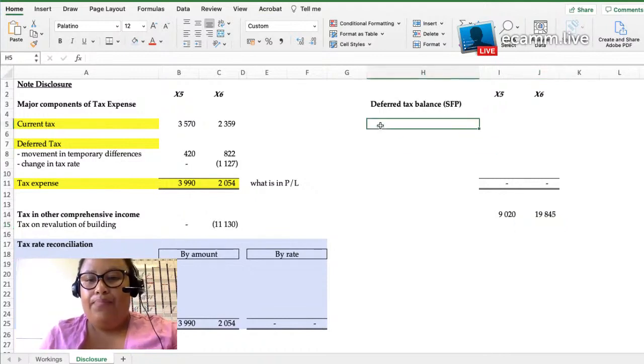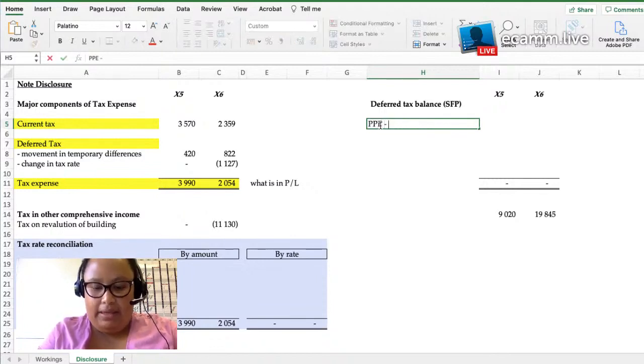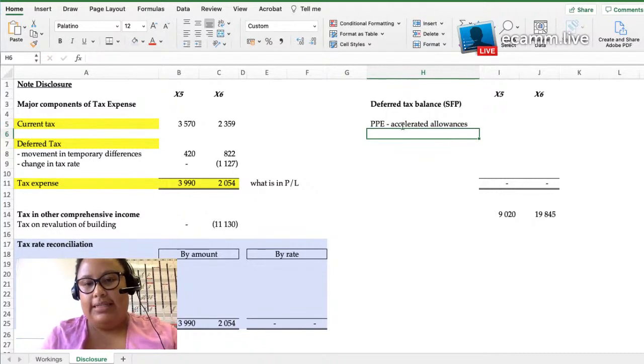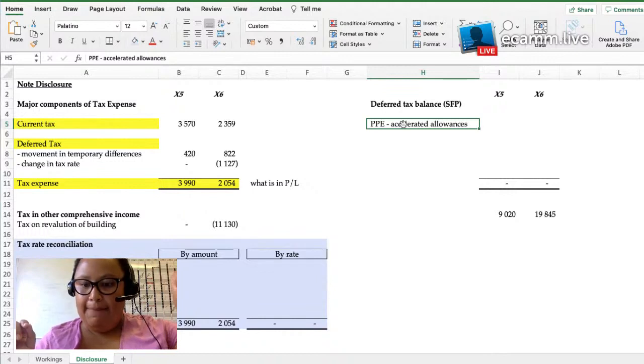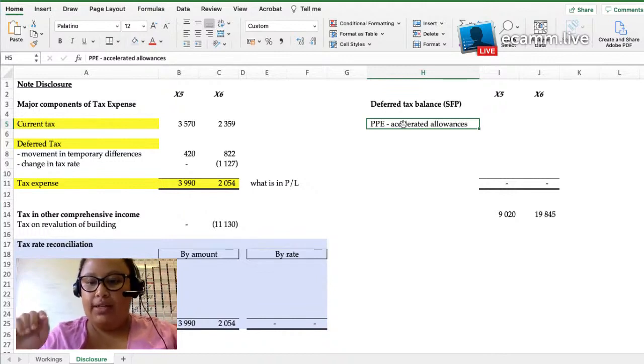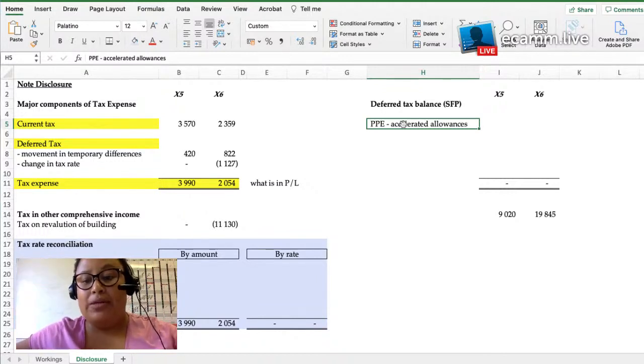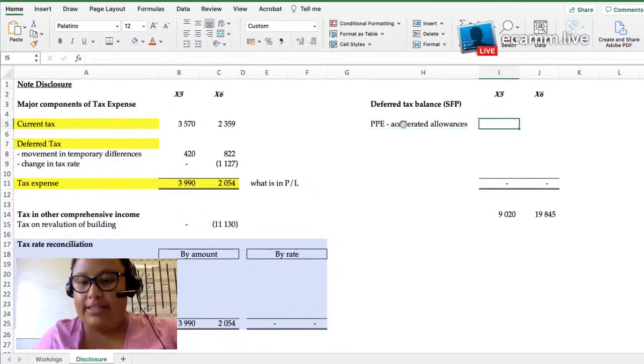So, the first thing is, okay, we can say it was the PPE accelerated allowances. So let me explain what this is, right? This refers to the fact that we are depreciating PPE at a different rate to the wear and tear allowances that we're receiving. So because of this difference, we have deferred tax, right?